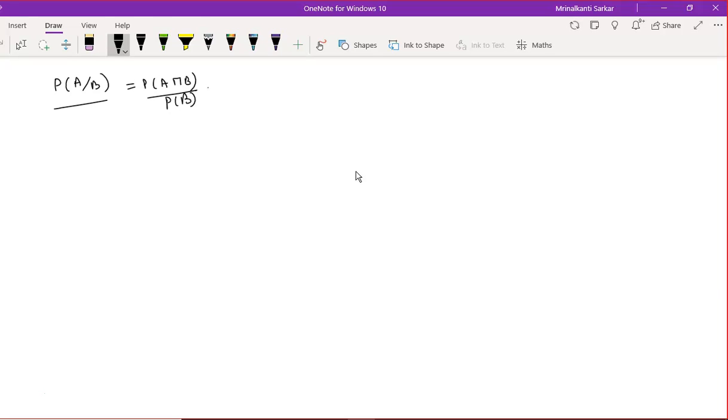Don't you see that there is a possibility of getting a multiplication rule here? Doesn't it imply that the joint occurrence of two events will be P(B) P(A by B)? Or somebody may want to write it this way also, this is also true.